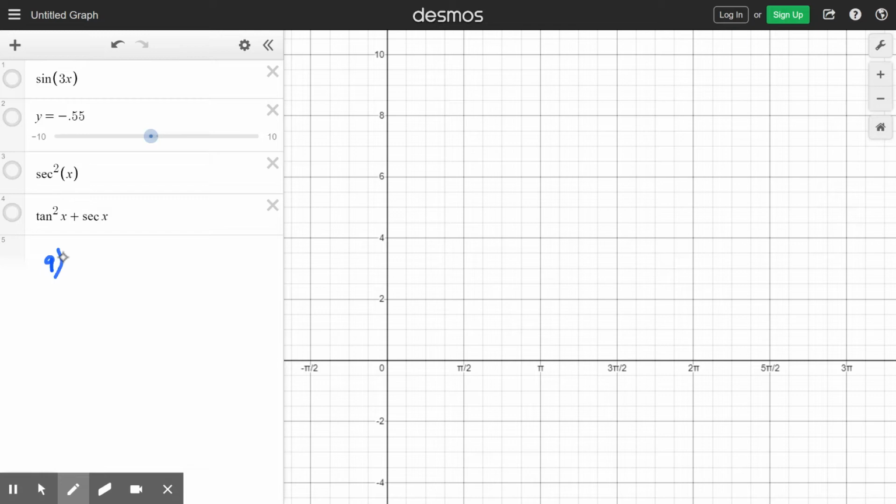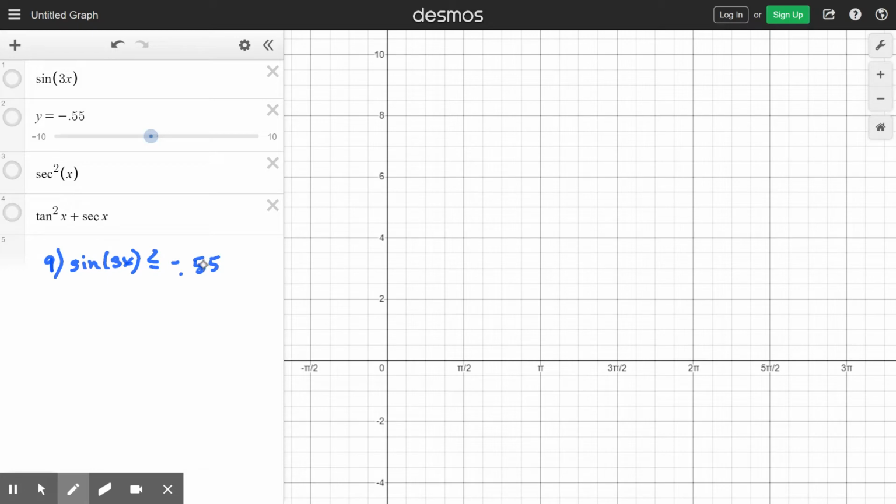Okay, so they give you this complicated equation, and this student Marco is supposed to solve it. Now they just go through the process. I wanted to show you the actual solution. So he does some simplification and he winds up with this statement: sine of 3x is less than or equal to negative 0.55.